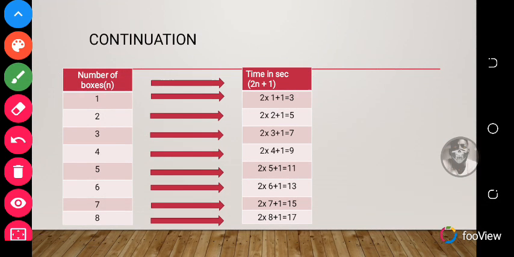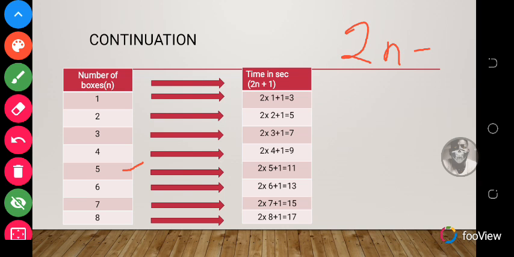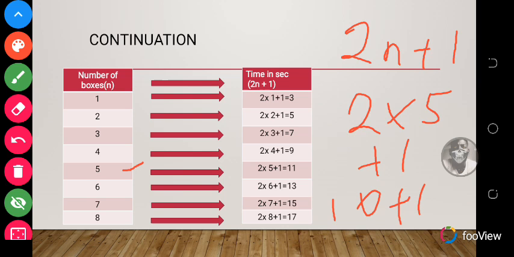So let me take it again. When the number of boxes is 5, with the general rule to be 2n plus 1, we are going to have 2 times 5 plus 1, and the total is going to be 10 plus 1, which should give us 11.